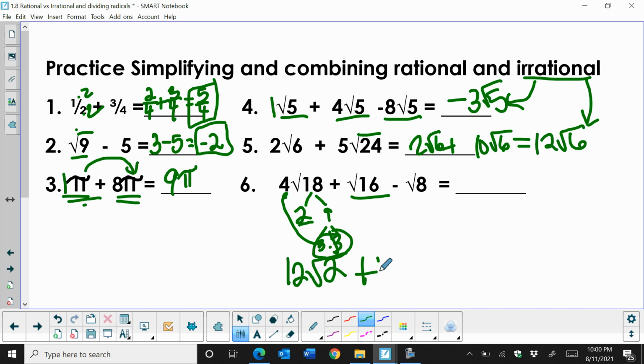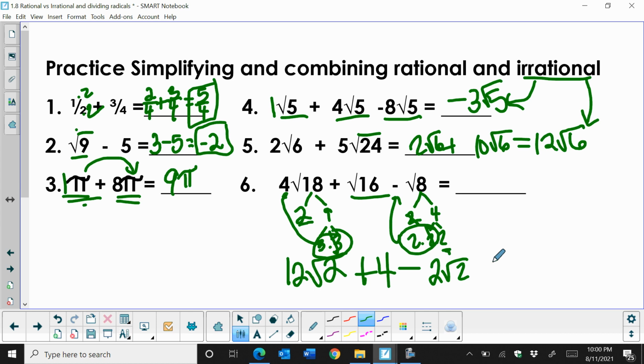That one's a perfect square, so that's 4. Minus, well, we need to simplify square root of 8. That's 2 times 4, and 4 is 2 times 2. So our prime factors are 2 times 2 times 2. Let's pair up. 1 escapes. So we have a 2 root 2.